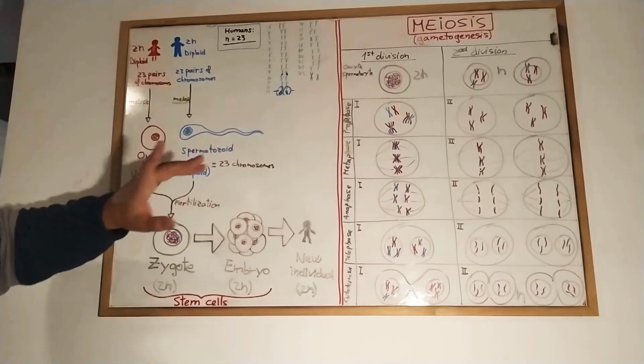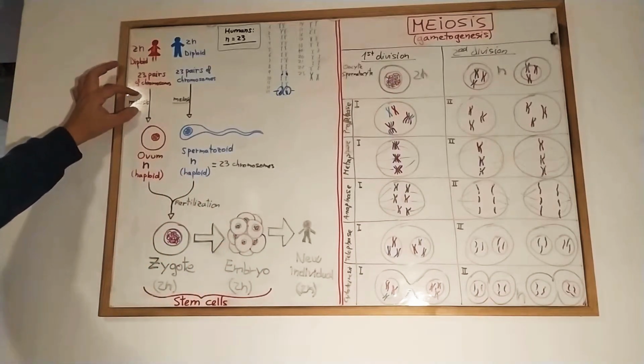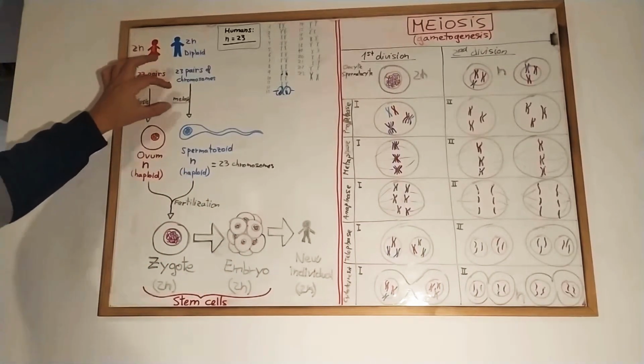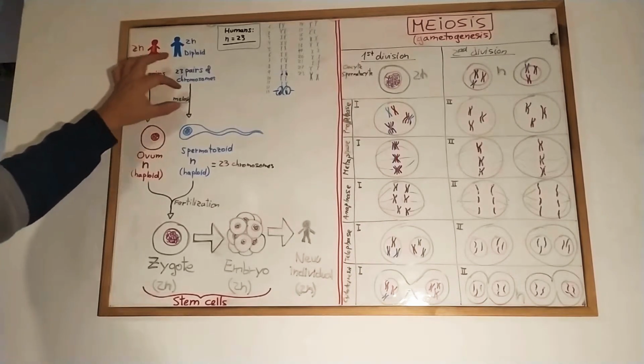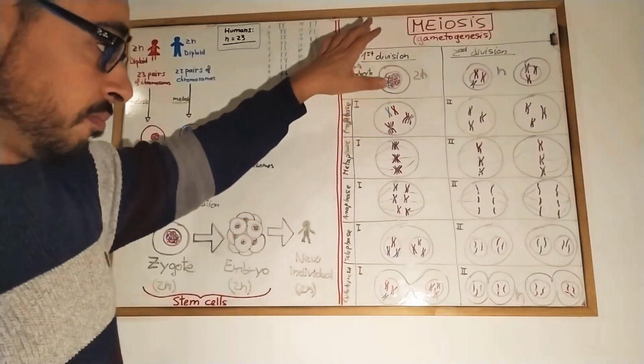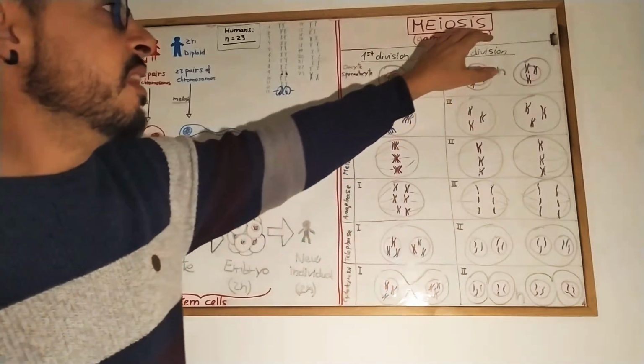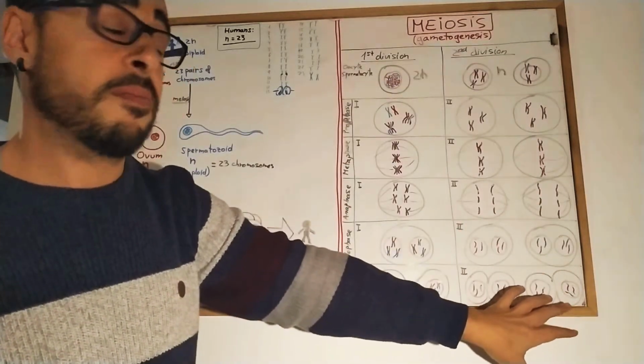Now, if you have understood this, we are going to see this process, meiosis, the formation of gametes. Meiosis has two main parts: the first division, which is here, and the second division, which is here.